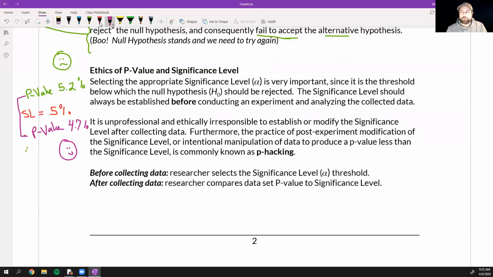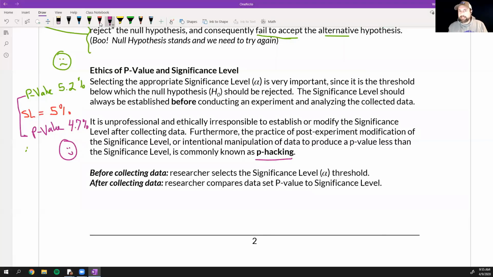Okay? What we just did is completely unethical. That is called p-hacking. It's taking data, and once you realize that the data isn't doing what you wanted it to do, come in under 5%, then you massage the data, you edit out some things, you rearrange it so that it does come in below, okay?